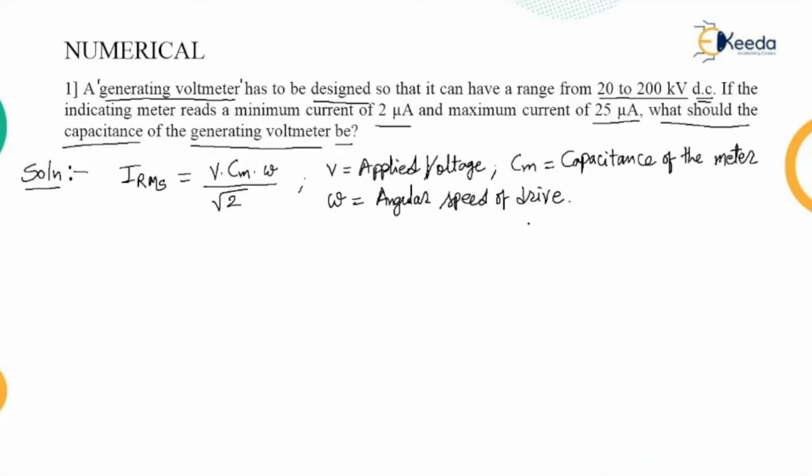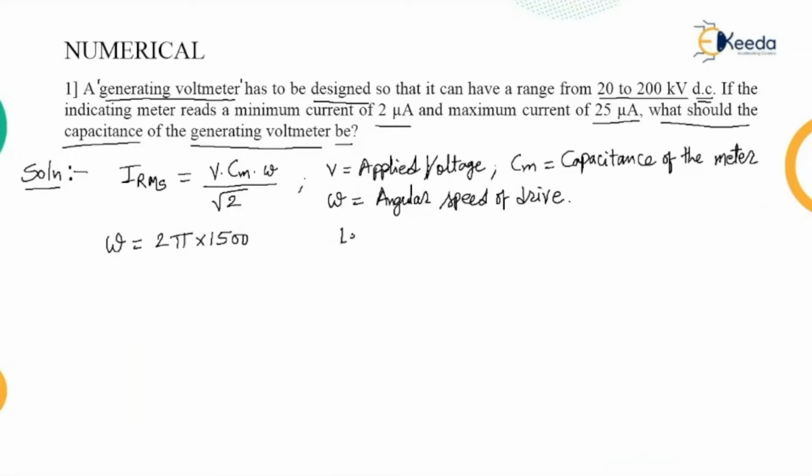This angular speed of the drive for a synchronous speed, omega, can be written as twice pi. Synchronous speed is generally considered to be 1500 rpm.